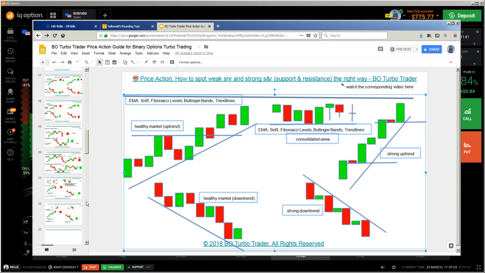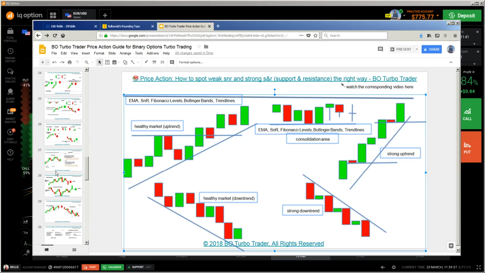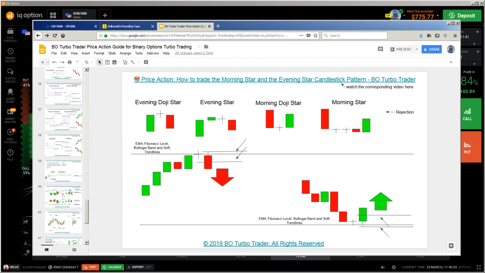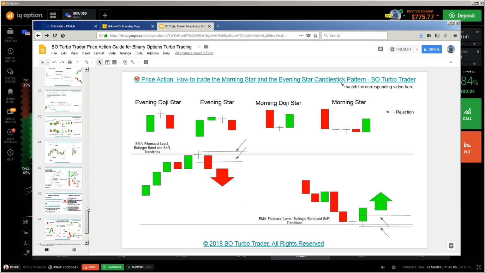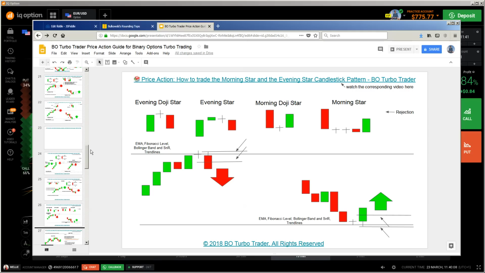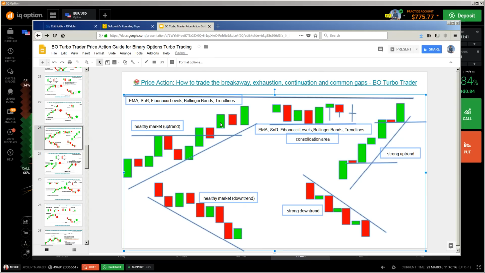Let me see here. Okay, here we copy this. This was the evening star. Let me see where I find this. Oh, that is already a lot of pages now. So we have here the breakaway, exhaustion, continuation and so on.